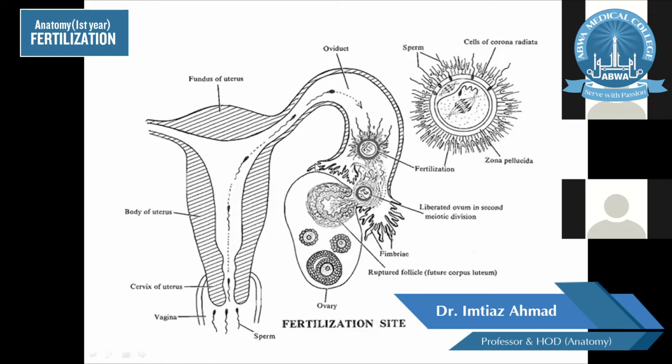These finger-like projections of the distal end of the fallopian tube make a sweeping movement towards the lumen of the oviduct, so they drag it into the cavity of the fallopian tube. This structure is now here in the fallopian tube.